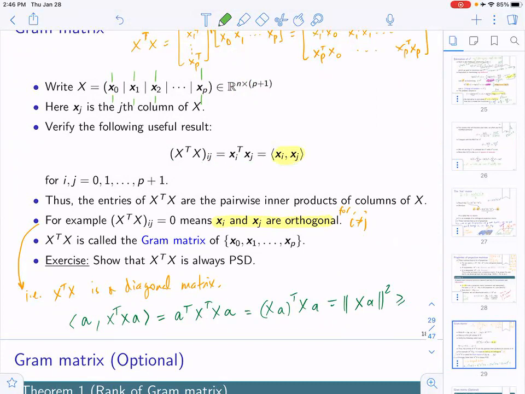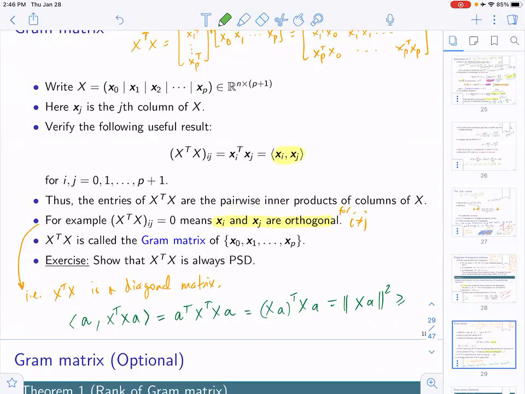So this so-called gram matrix contains all the pairwise inner products of the columns of X. You get the p plus 1 by p plus 1 matrix, and it contains all the pairwise inner products.